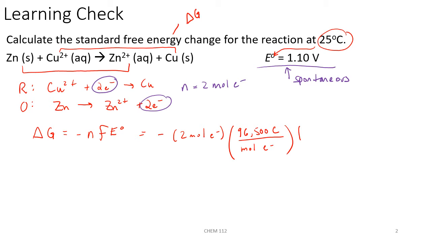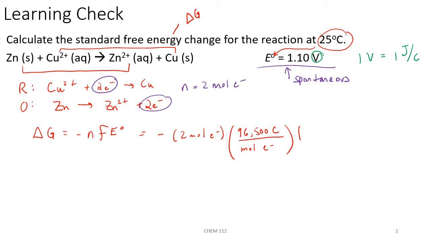Now notice our E cell is written in volts, so it looks like your units won't cancel. But just a reminder that 1 volt is actually equal to 1 joule per coulomb. So anytime we see volts, we could cross that off and write joules per coulomb. And that's what I'm going to do here so you can see how the units work out.